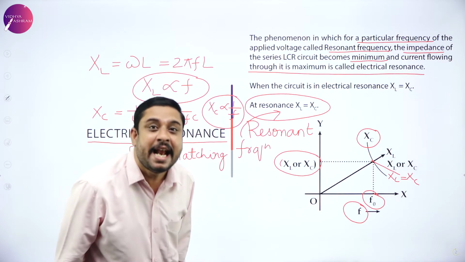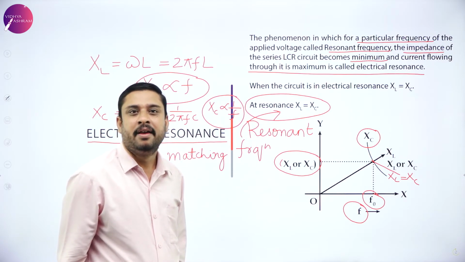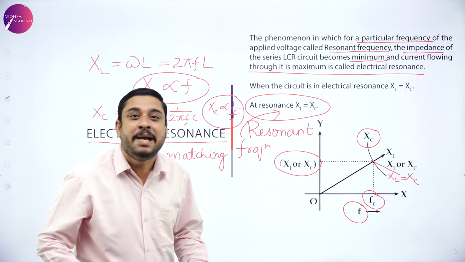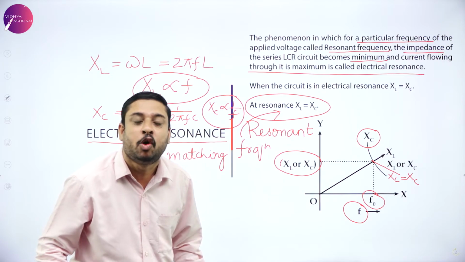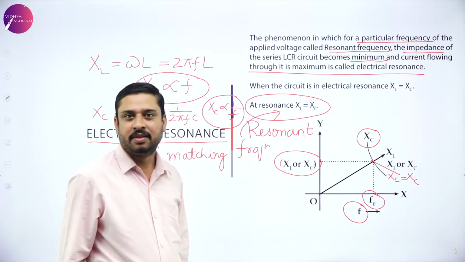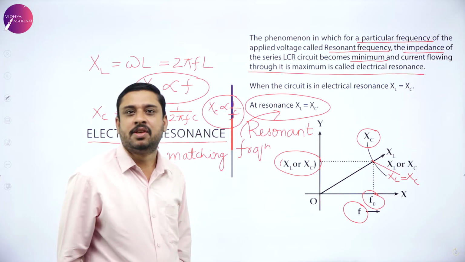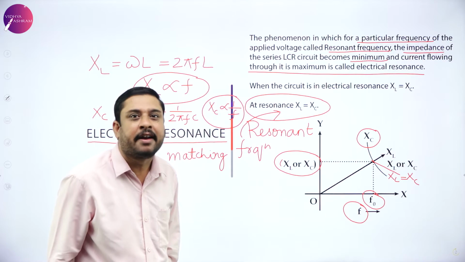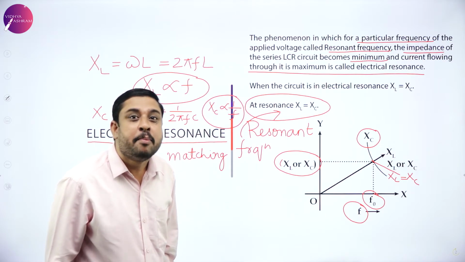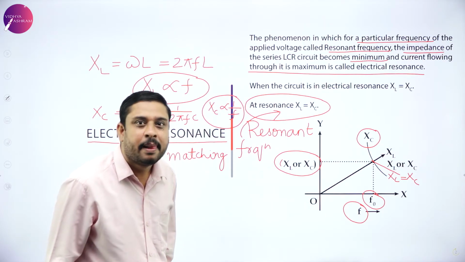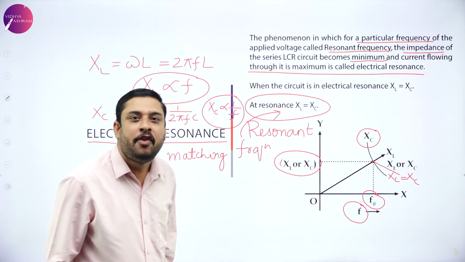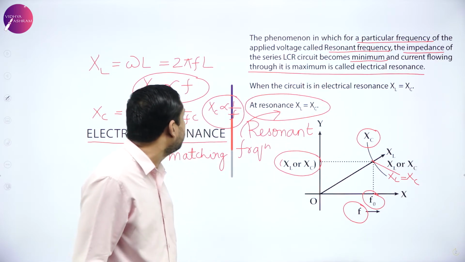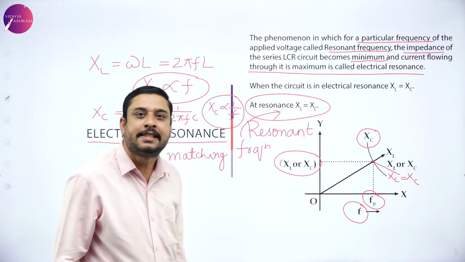Resonant frequency. For that particular frequency, the impedance of the series LCR AC circuit becomes minimum. Opposition to the flow of current is minimum, and hence maximum current flows through the circuit.